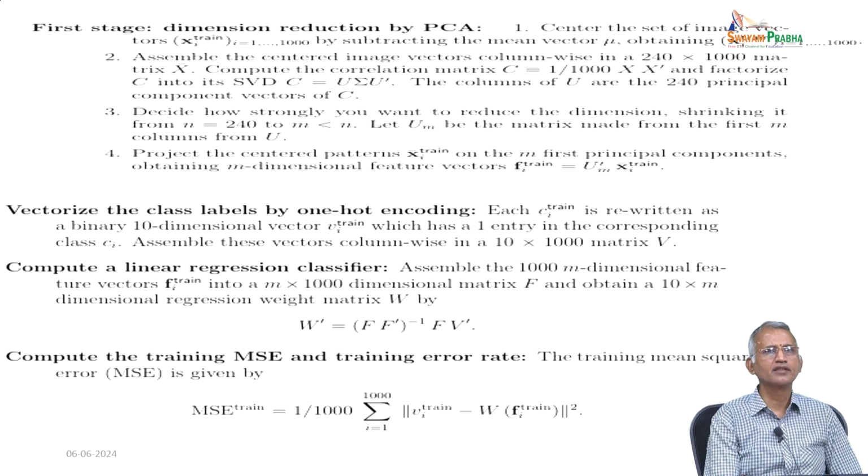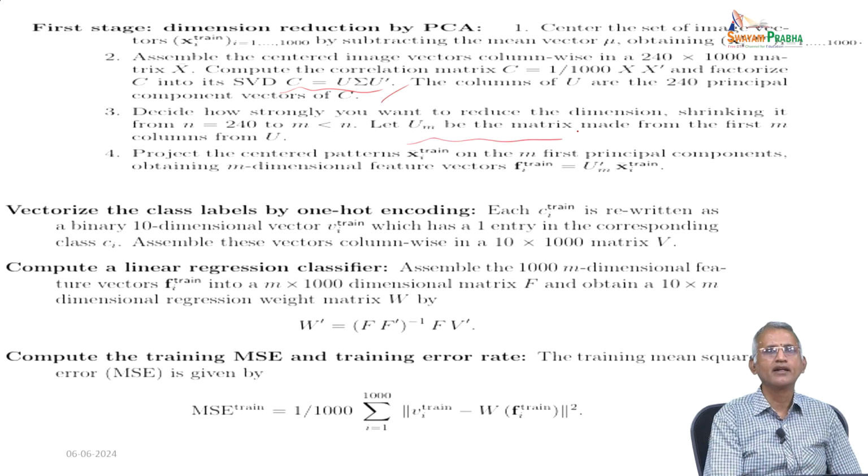Number 2, assemble the centered image vectors column wise in a 240 by 1000 matrix X. Compute the correlation matrix C equal to 1 by 1000 into X into X dash, and factorize C into a singular value decomposition, where C equals U Sigma U dash. The columns of U are the 240 principal component vectors of C. Decide how strongly you want to reduce the dimension, shrinking it from n equal to 240 to m less than n.